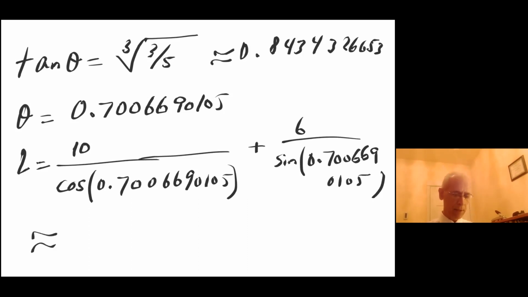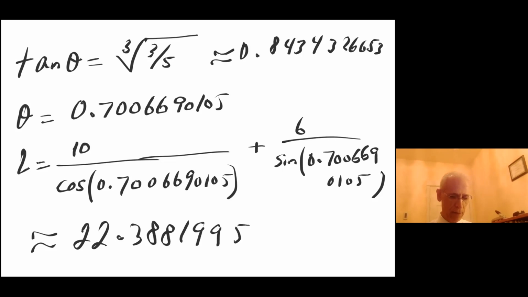So 10 divided by cosine of 0.70066690105, plus 6 over sine of 0.70066690105, and the final answer I get is 22.3881994.